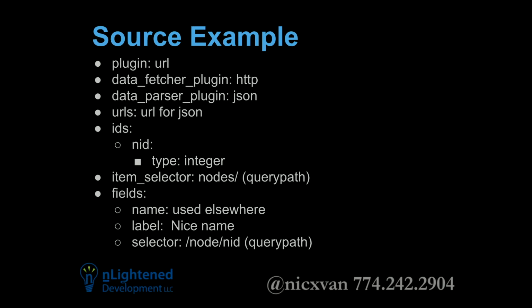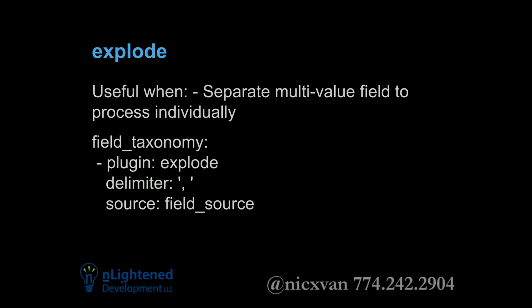So if we just go back really quick, if you're looking here under fields, we have name used elsewhere. The source is whatever is set up in name right here. And so this name corresponds to this source value right here. And that's how you tie them together.